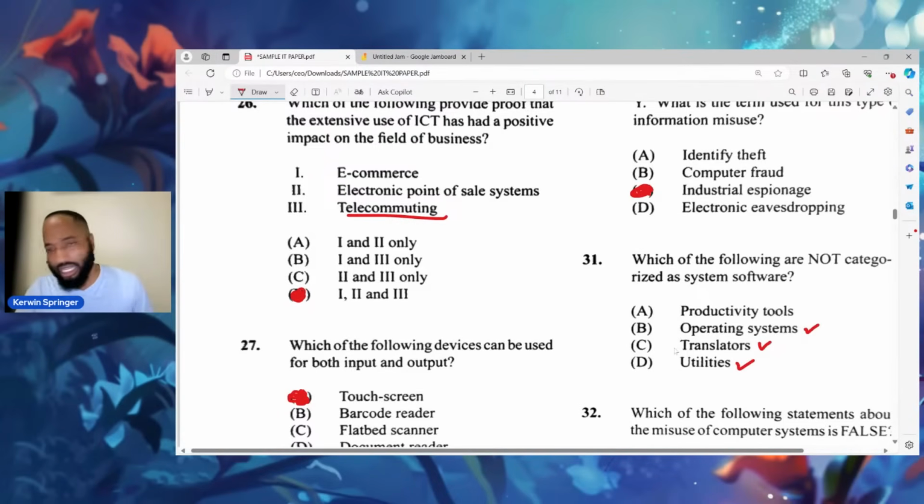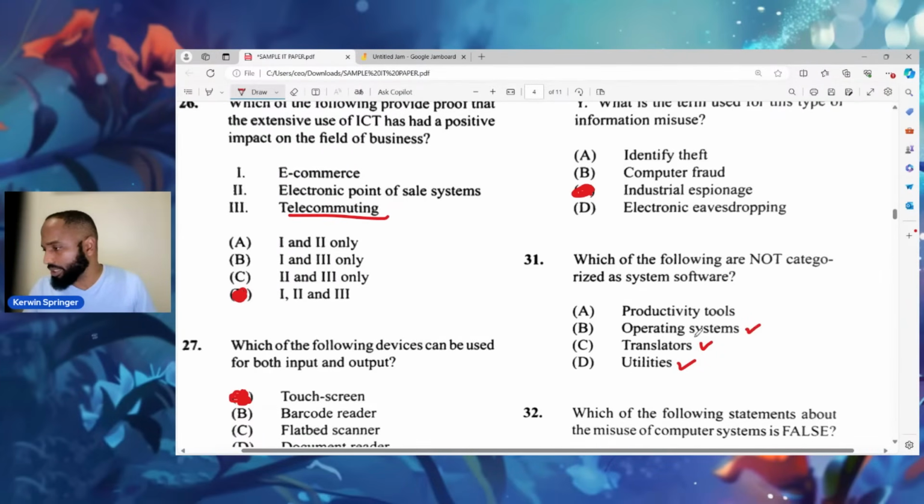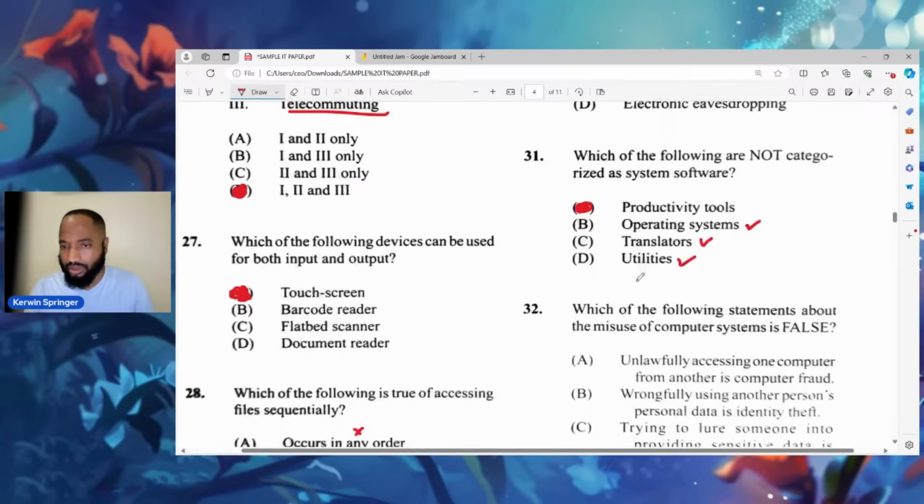Give me some examples, earlier IT students. By process of elimination, MS Office, like Excel and things. So that's not system software. Okay.